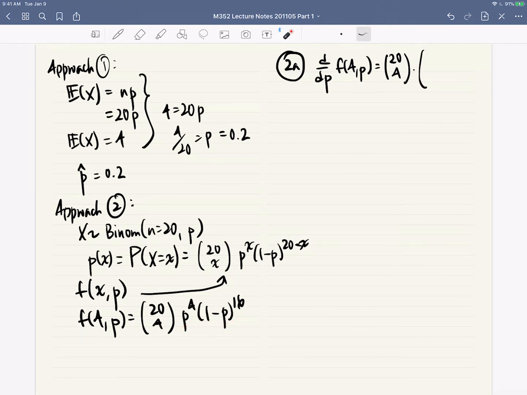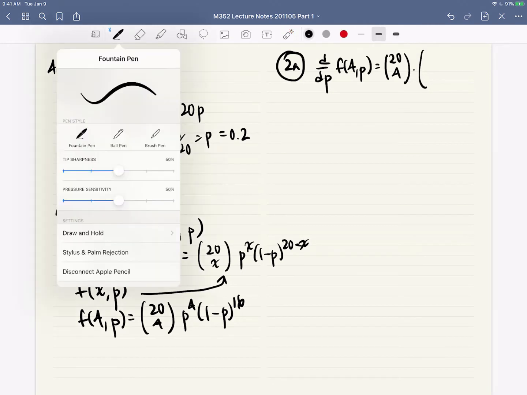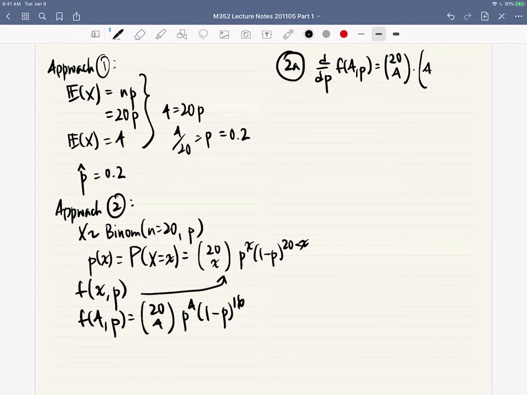I need to use the product rule. And so it tells me the derivative of the first, which is 4 times p cubed, times the second, plus the first, times the derivative of the second. Oh, and for the second, there's a chain rule. So we've got to do that. That's the derivative. So let's simplify that.